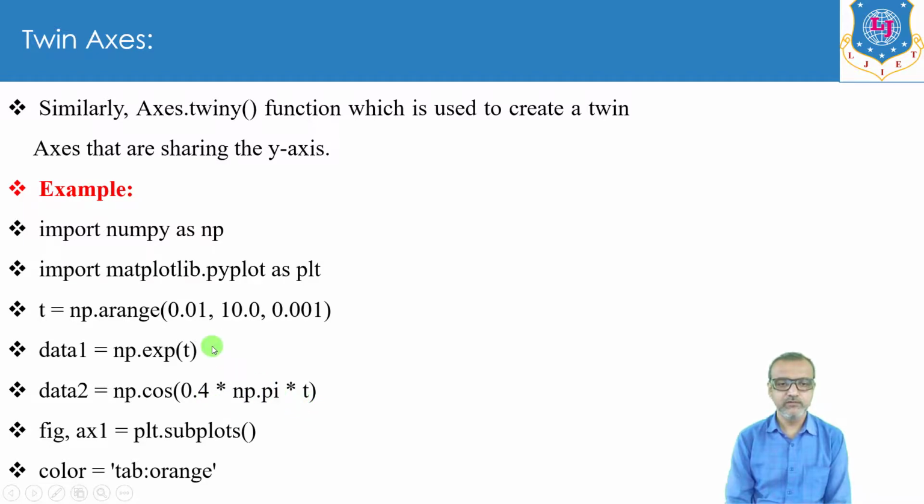The value of t will be from 0.01 to 10.0 with a step size of 0.001. All these points will be stored in the variable data2. With the help of this statement, we have a subplot named ax1. Now color equals tab:orange.